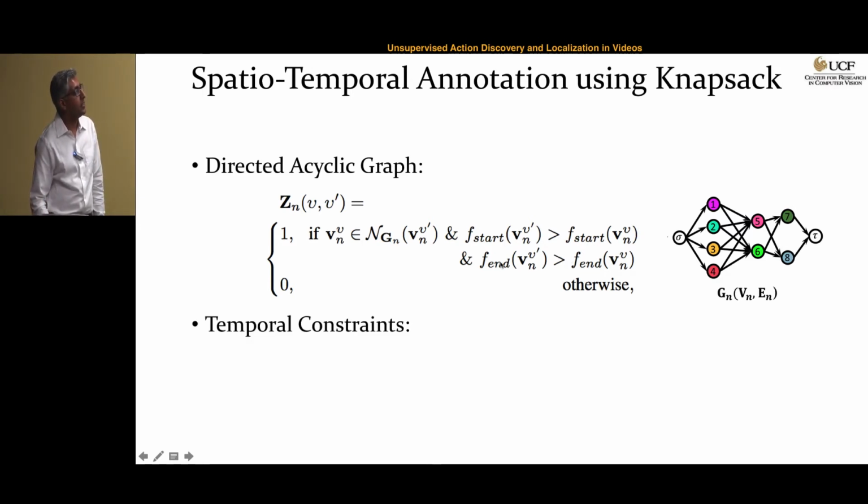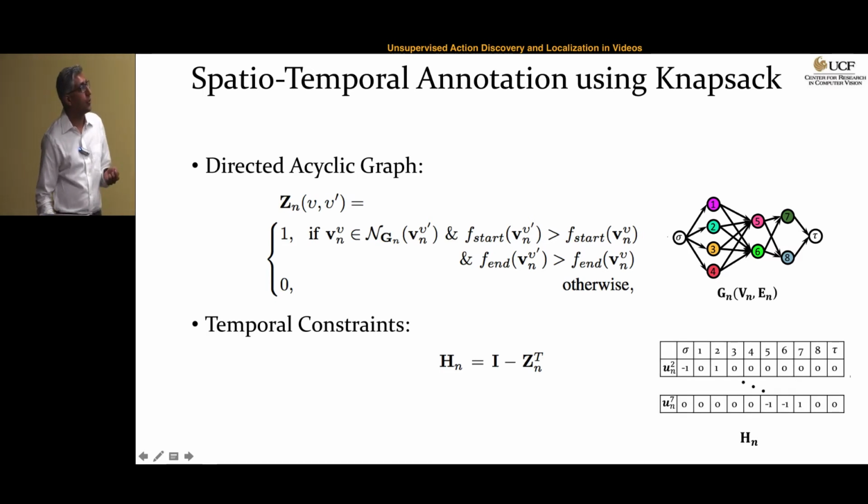Now, once we define this adjacency matrix, then we impose some temporal constraints, shown by this formulation. Now, what these temporal constraints do is ensure that we select one contiguous action in this entire video, from the start until the end of the video. And the way that we do that is that we make sure that a node is only selected if one of its temporal predecessors is also selected.